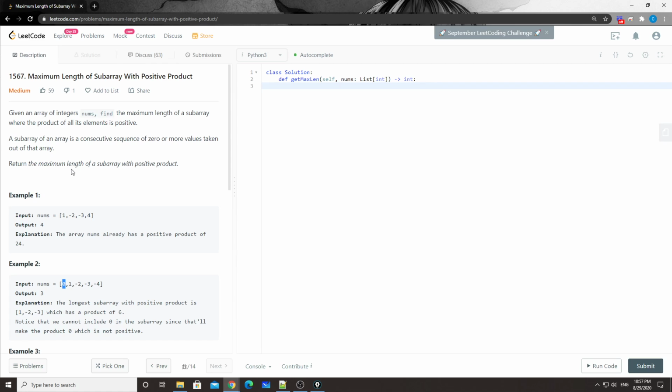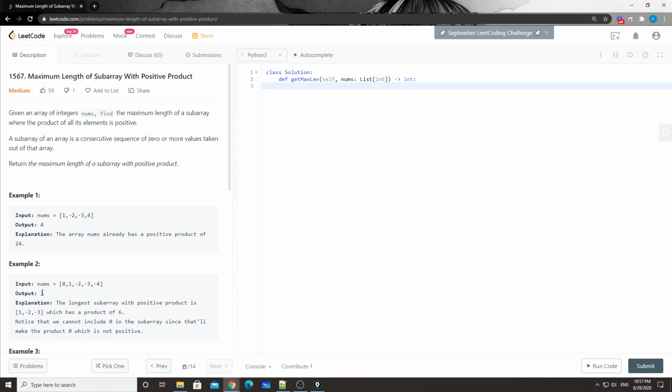For example, in this one, the whole array is positive. The product of the whole array is positive. For this one, if it's zero, of course it's not positive, because everything multiplied with zero will be zero.